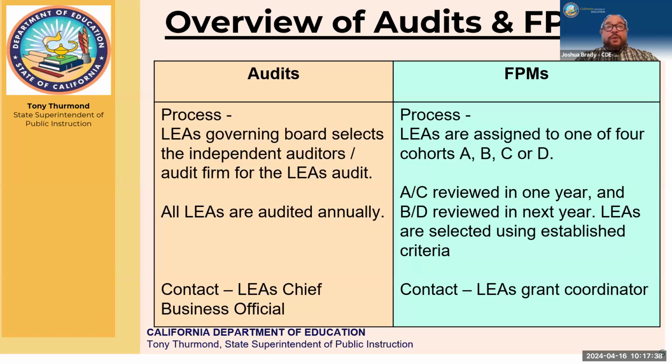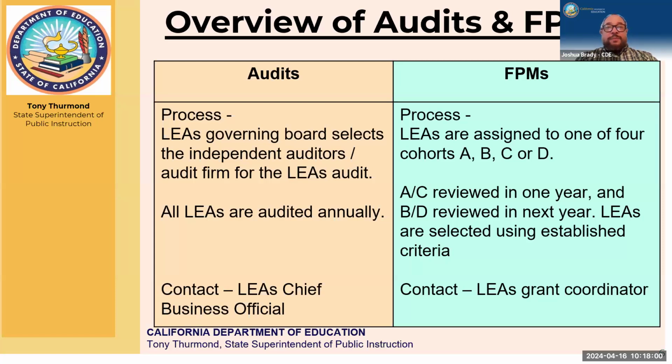With this new funding, we were able to add a new office, which Iqbal is leading. And so now his staff will be responsible for all expanded learning, FPM, and audit resolution. So although we have our own staff, we'll be able to make some increases in the reviews that we do, but we will not be able to do the amount of reviews that are selected by the FPM office.